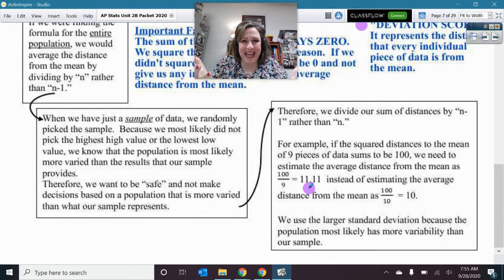So we're keeping it safe, and we're saying, oh, the variability probably is not 10. It probably is a little bigger than that 10, so we have 11.11. Okay, so we're doing it on the safe side, dividing by n minus 1 because it's a sample. All right, we use that larger standard deviation because the population is most likely more variable than our sample.